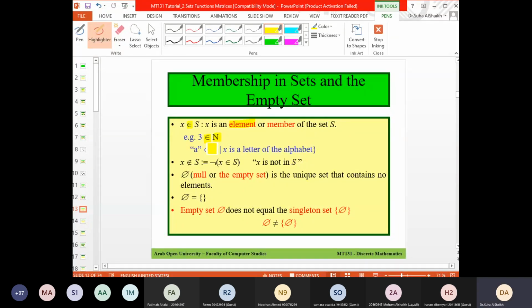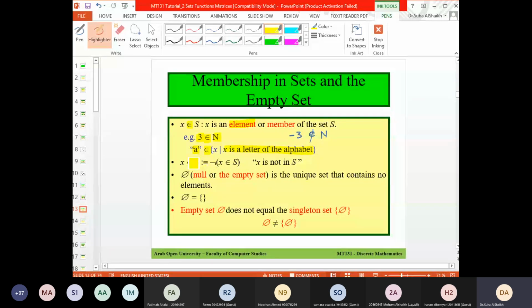I'm talking about the natural numbers. So 3 belongs to N, that's correct. Now if I say, for example, minus 3, does minus 3 belong to N? True or false? No, it's not. It does not belong to. We can say, for example, the letter a, small a, belongs to X such that X is a letter of the alphabet. True or false? This is correct.